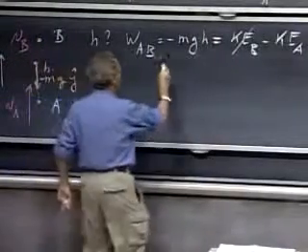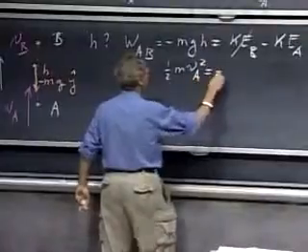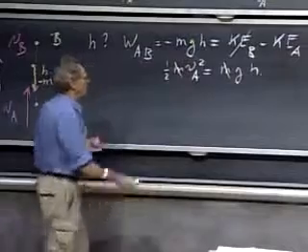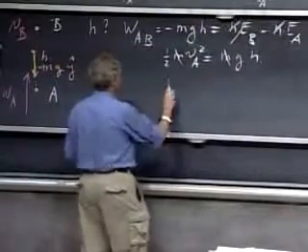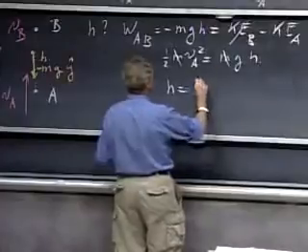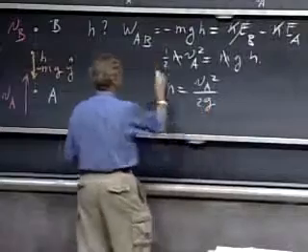And so you find that 1/2 m vA squared equals mgh. m cancels, and so you'll find that the height that you reach equals vA squared divided by 2g.